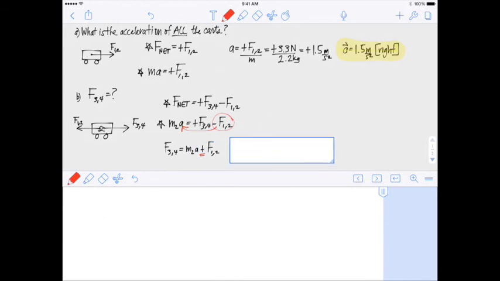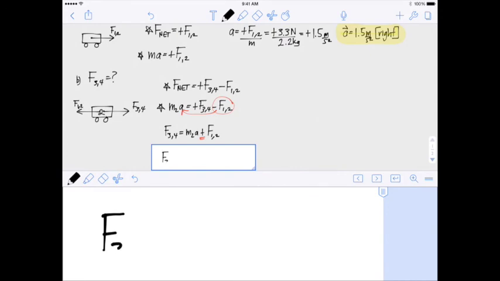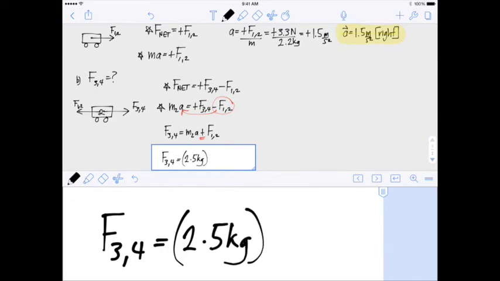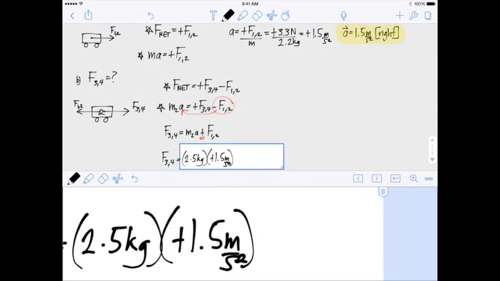If we sub and solve, the force as read on sensors 3 and 4 is equal to 2.5 kilograms, which is given in the question, times 1.5 meters per second squared. We just calculated that acceleration in part A, plus the force as read on sensors 1 and 2, which was given in the question to be 3.3 newtons.